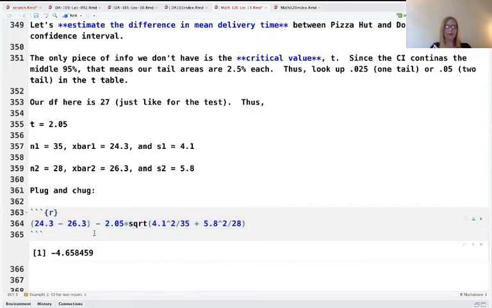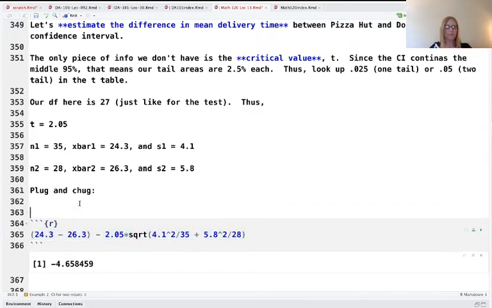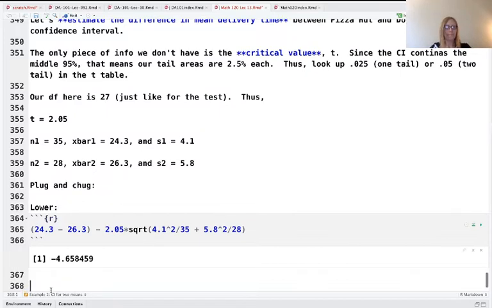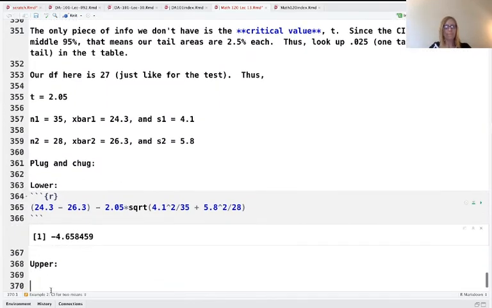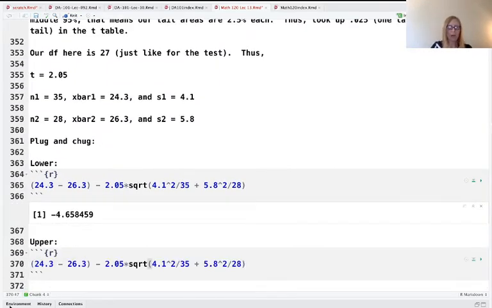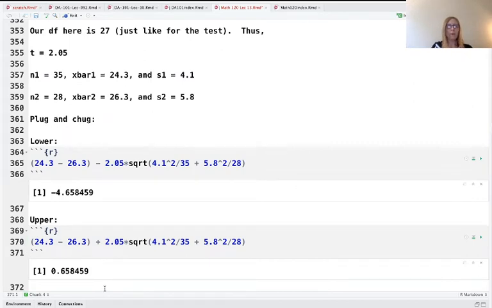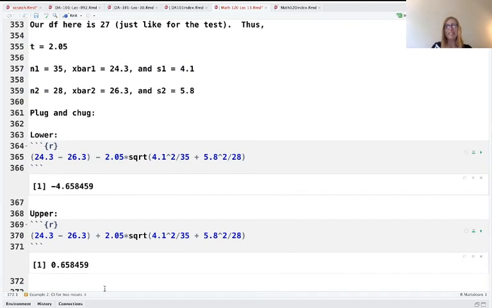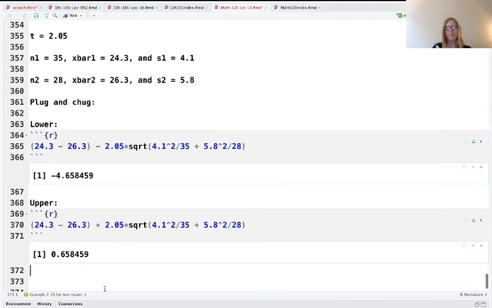And for the upper bound, upper bound is going to be exactly the same, except I'm going to do a plus. That gives me an upper bound of 0.65. Now hold on, let's make sure we understand exactly what these mean.